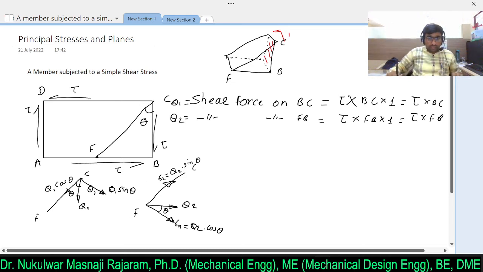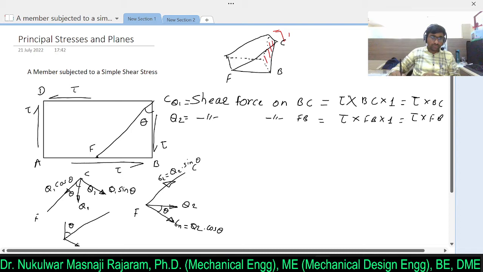You might be thinking how this angle becomes theta. It is just simple trigonometry. If you consider this as theta, then we can easily get this angle equal to theta. So I will show you how this angle becomes theta. So this angle is theta. Simple.